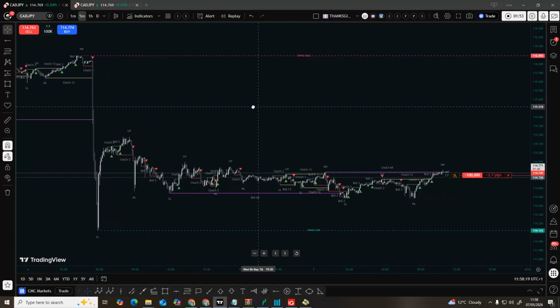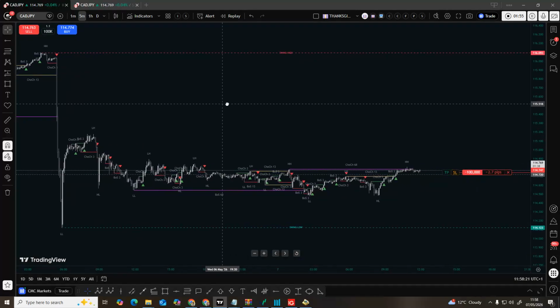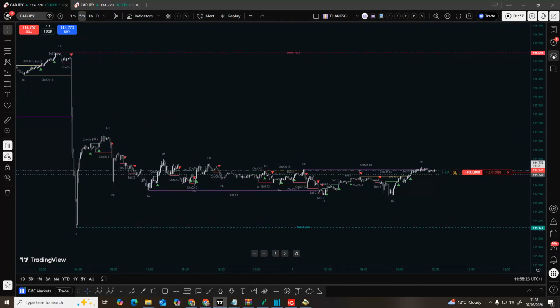I'm sure you guys can find it on my posts. So when we have the first lower low, this high is not confirmed. The high is confirmed when we had the second lower low. At this second lower low, this now becomes a high. Then the button is passed on to the low.